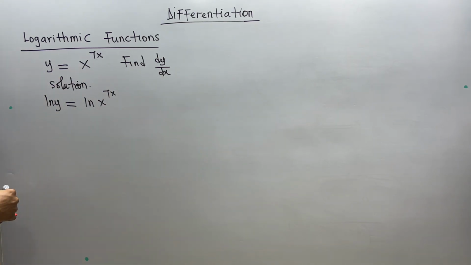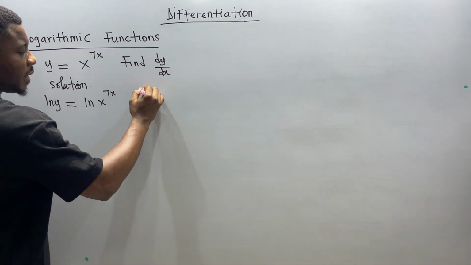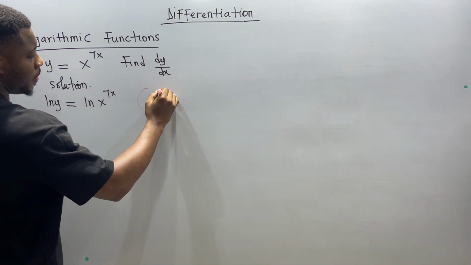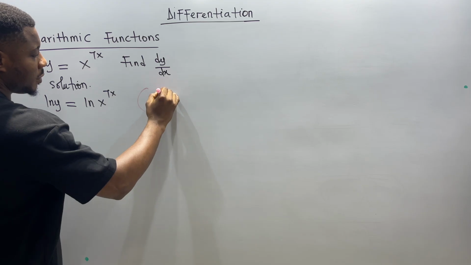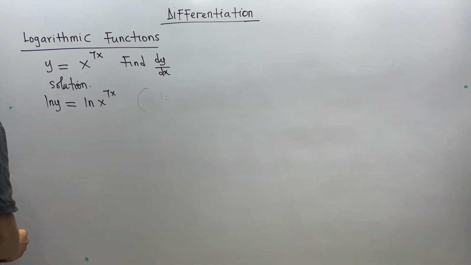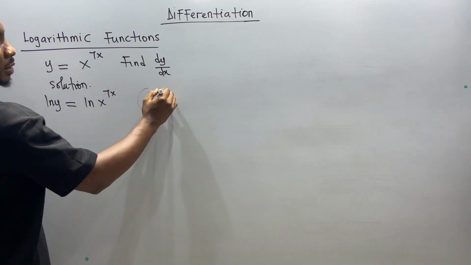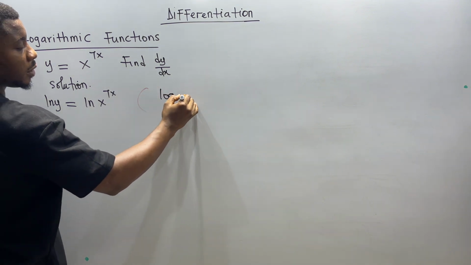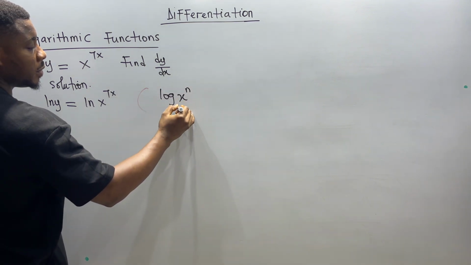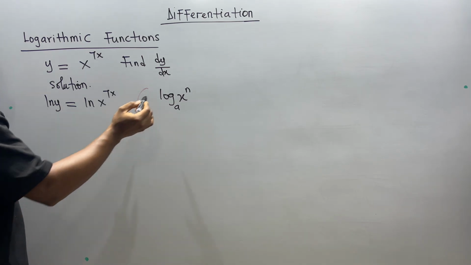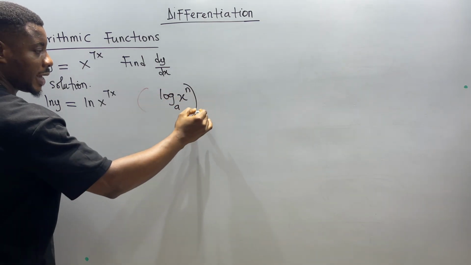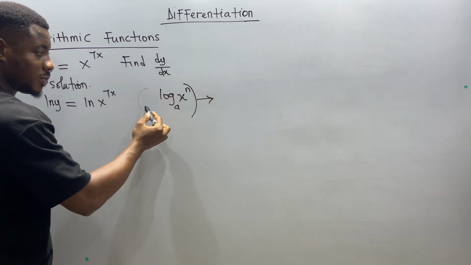Now there's a rule of law that tells us that whenever I have log of a number to a power with a base, remember that the rule tells us that we could write this again as the power comes backwards.